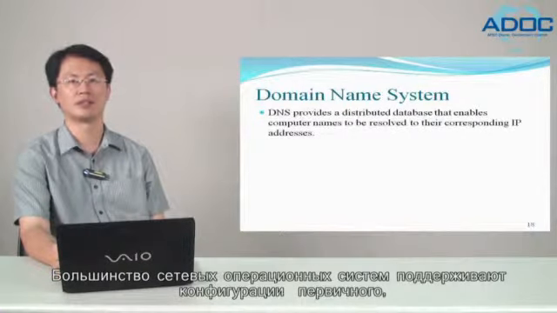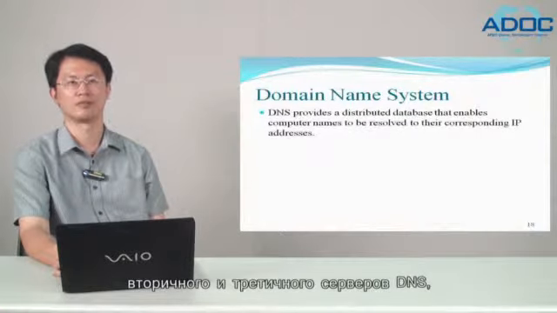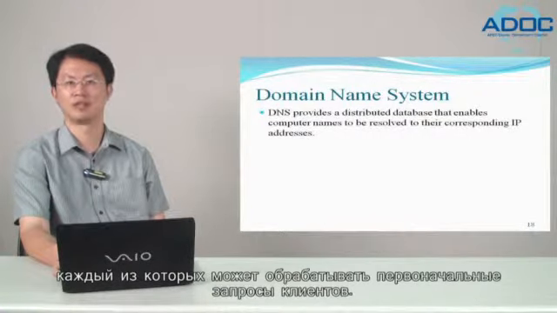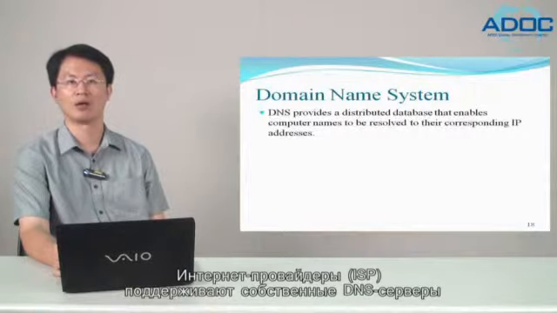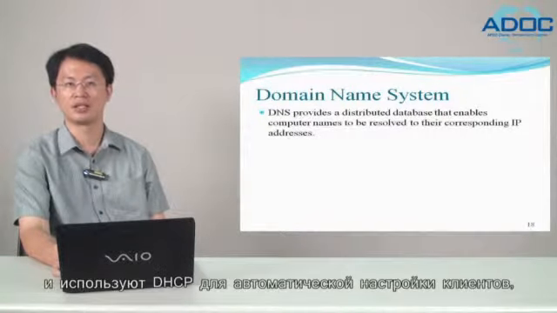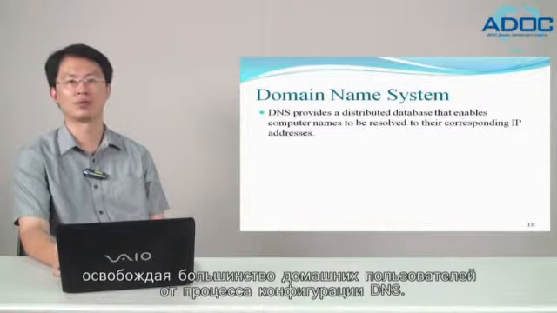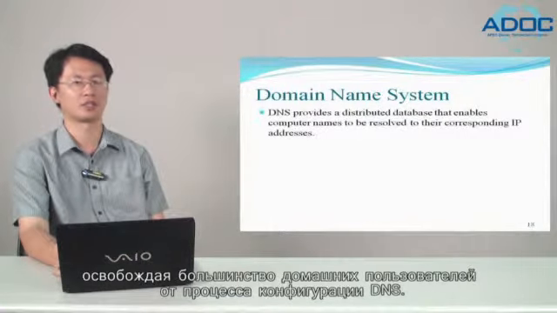Most network operating systems support configurations of primary, secondary, and tertiary DNS servers, each of which can service initial requests from clients. Internet service providers maintain their own DNS servers and use DHCP to automatically configure clients, relieving most home users of the burden of DNS configuration.